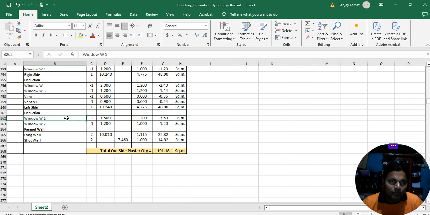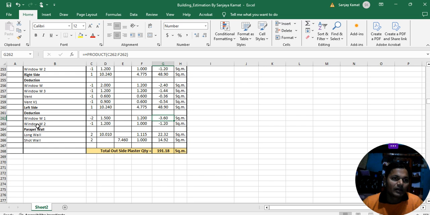For the deduction of window W1, the number will be minus 2, length will be 1.50 meter, and thickness will be 1.20 meter. After multiplying these three terms, you will get the area. How much will the area be? Minus 3.60 meter square.